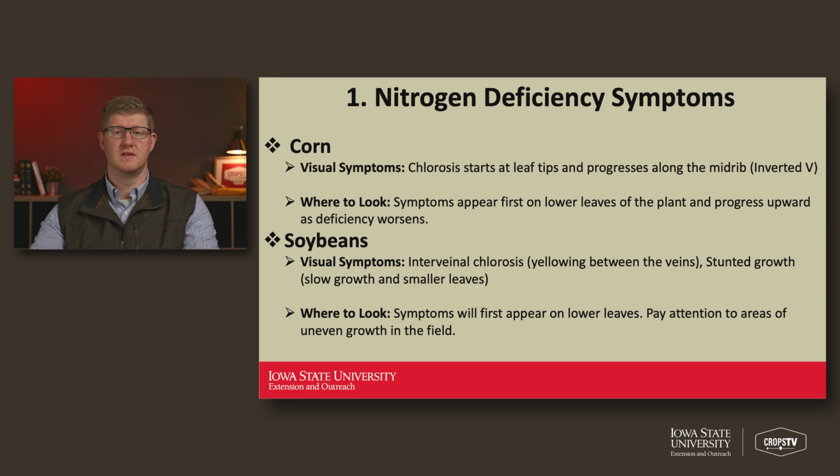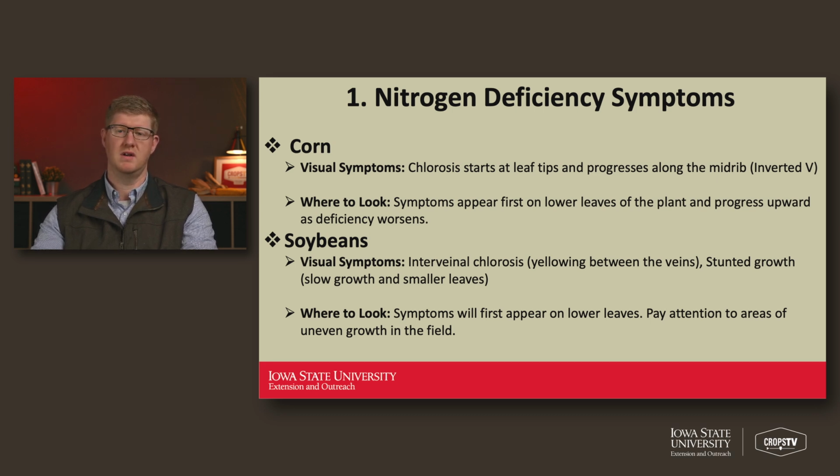Okay, so the first nutrient that we'll talk about is nitrogen. And so when we think about nitrogen deficiency symptoms, primarily in Iowa and surrounding states, we're really going to be concerned about corn. And so in corn, we have chlorosis. So that's going to be a yellowing of the leaf tissue. It's going to start at the tip of the lower leaves and it's going to progress inward along the midrib.